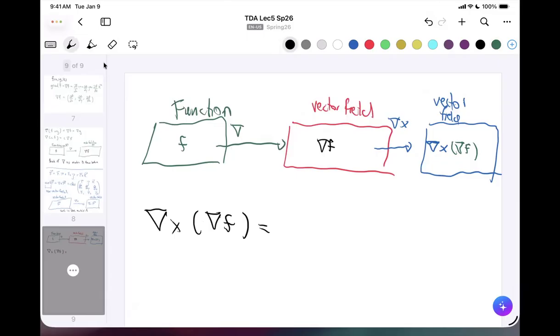It's just zero, right? It always identically gives you the zero vector. It's very easy to check as a brute force calculation. But the curl of a gradient is always zero.